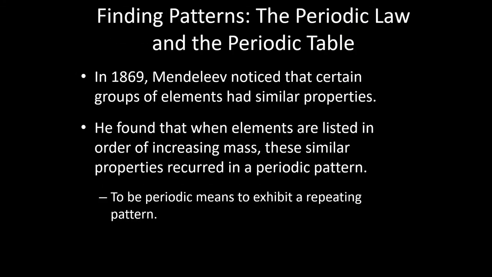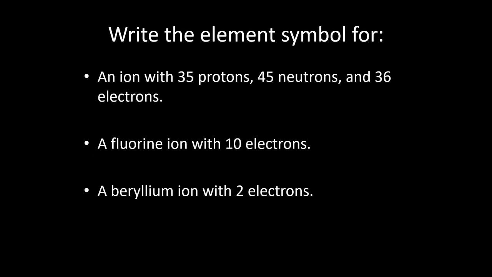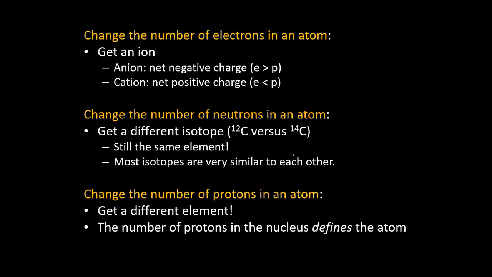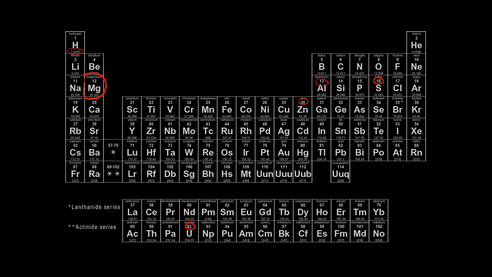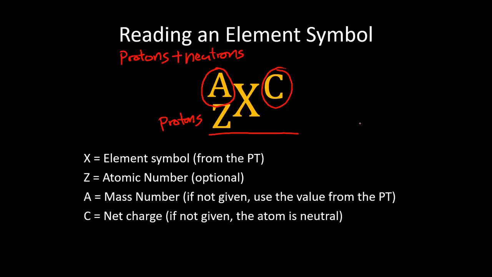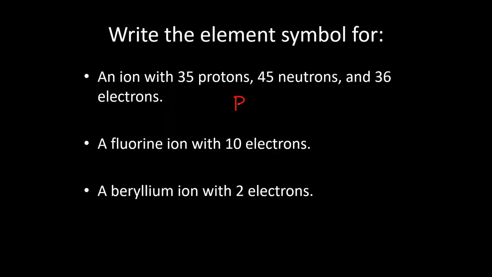All right, let's work through these real quick, and then we will call it for this video. So this is having us go the opposite direction. Now we're given the information, and we're going to write the symbol. So this is an ion with 35 protons, 45 neutrons, and 36 electrons. 35 protons tells us that this is element number 35, which is bromine. So we know that is going to be our symbol. We're told that it has 45 neutrons and 35 protons.